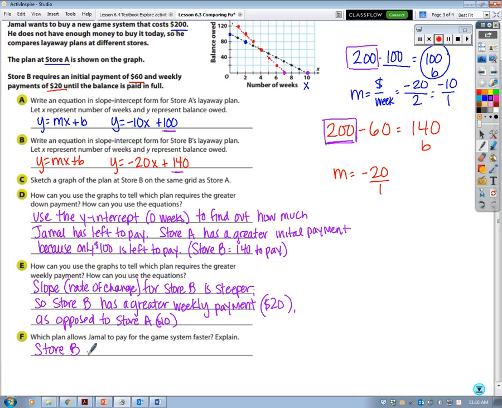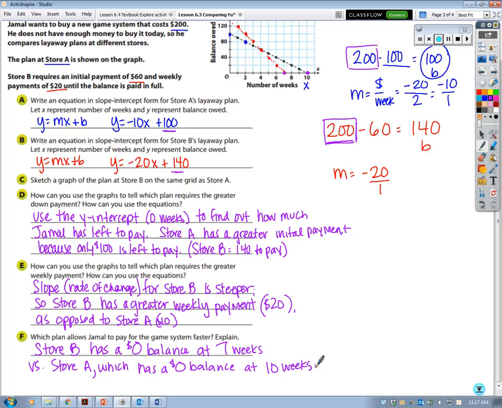Store B has a 0 balance, means there's nothing left to pay at 7 weeks, versus store A, which has a 0 balance at 10 weeks.